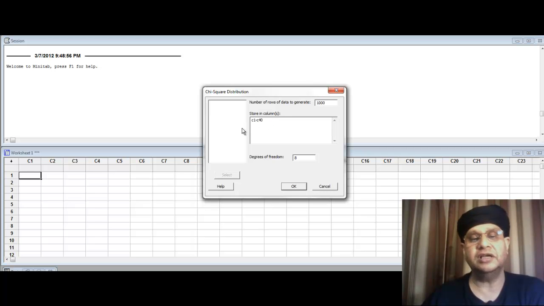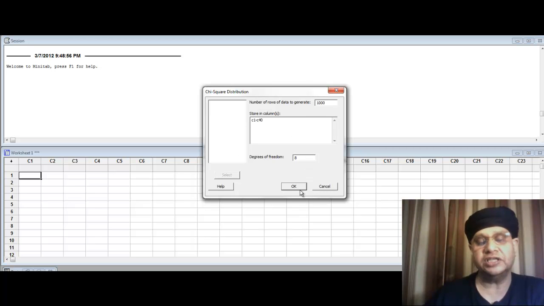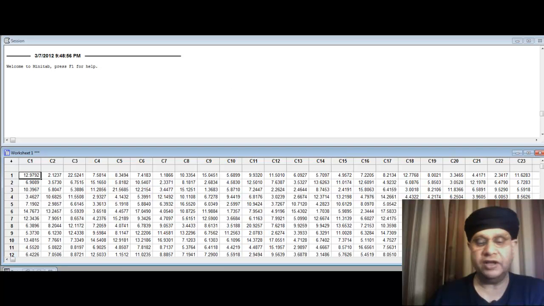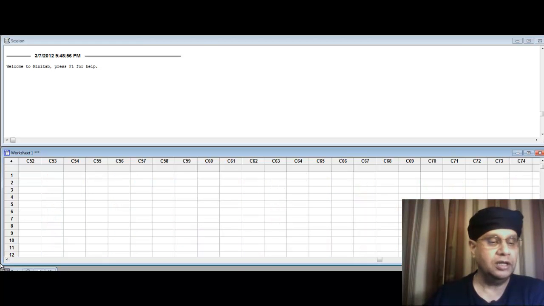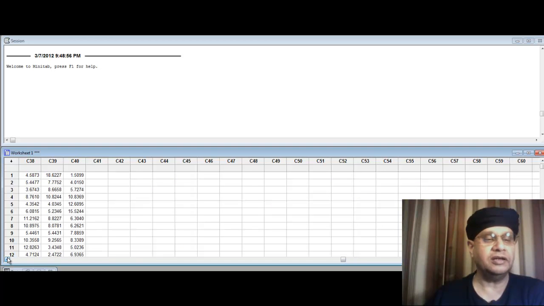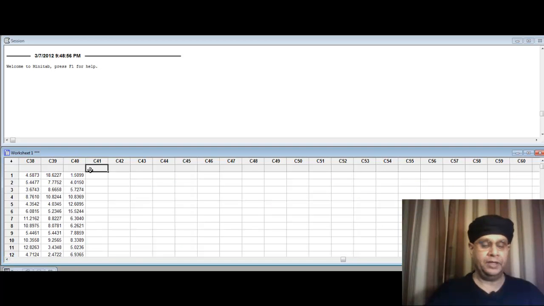Of size 40 each, and degrees of freedom, which in this case will be the mean is how much? 8, okay. So here we go, we have 1000 samples, and then what we are going to do is that in the cell C41, I'm going to write the means of all those samples.